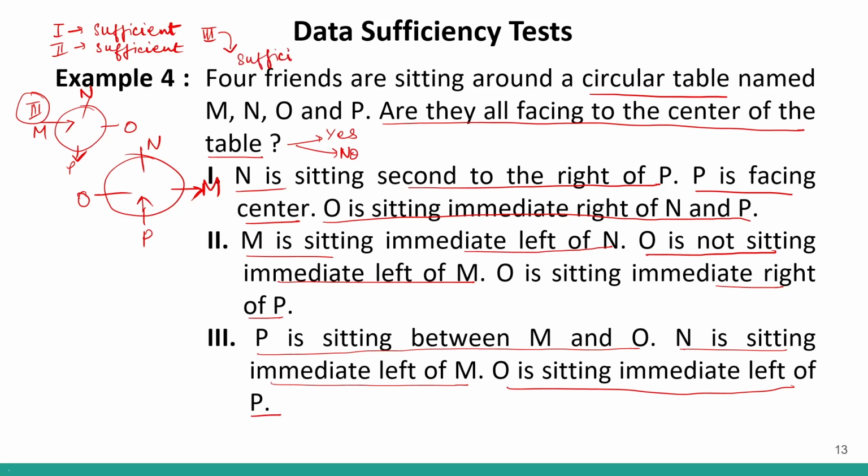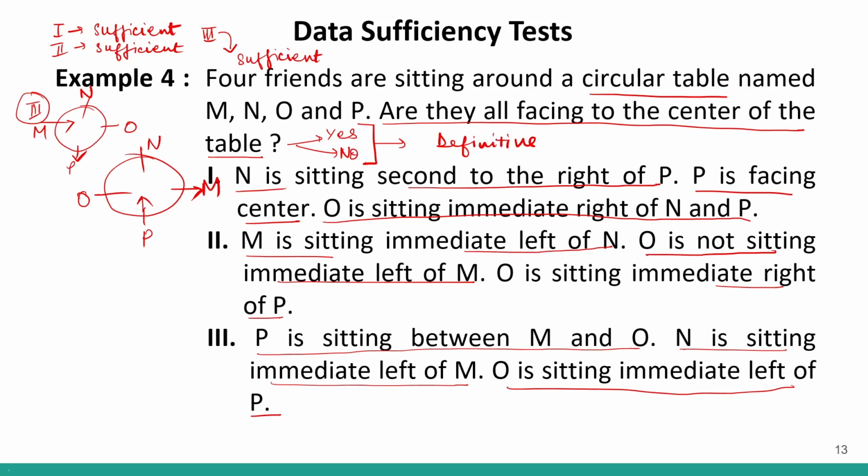So now do you understand? We are not finding who all are facing inside and who all are facing outside. We just have to answer whether they are all facing towards the center, and they are not. There are certain people who will be facing outside. So it is a simple yes or no question. And if we can get a definitive yes or a definitive no, that means the data is sufficient to answer the question.